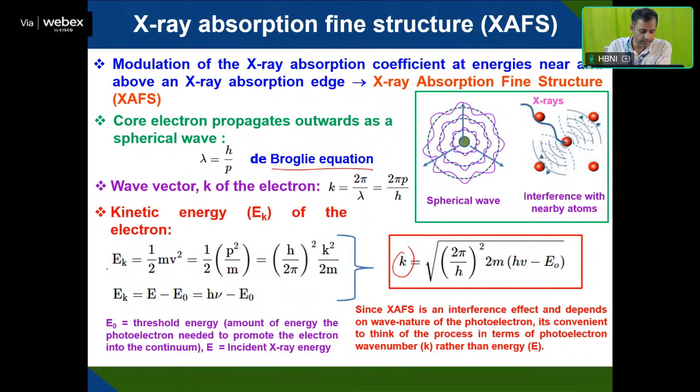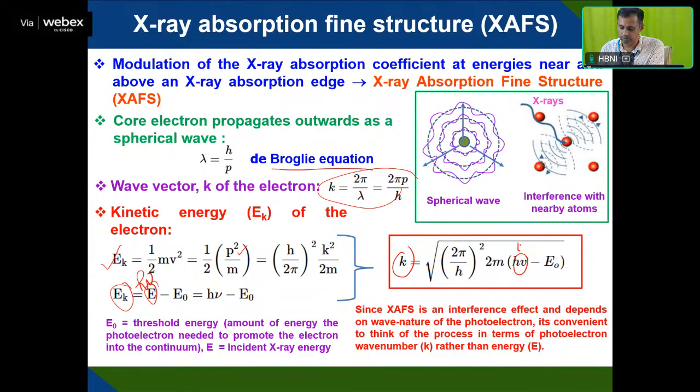If you see kinetic energy Ek equals half m v square, using these two equations, k equals 2 pi by lambda, that is p square by 2m, and then putting in p you get h by 2 pi, k square by 2m. Then the kinetic energy is the difference between h nu, the X-ray photon energy, minus the binding energy E0. So you can express k equals the square root of (2 pi by h) whole square times 2m times (h nu minus E0).